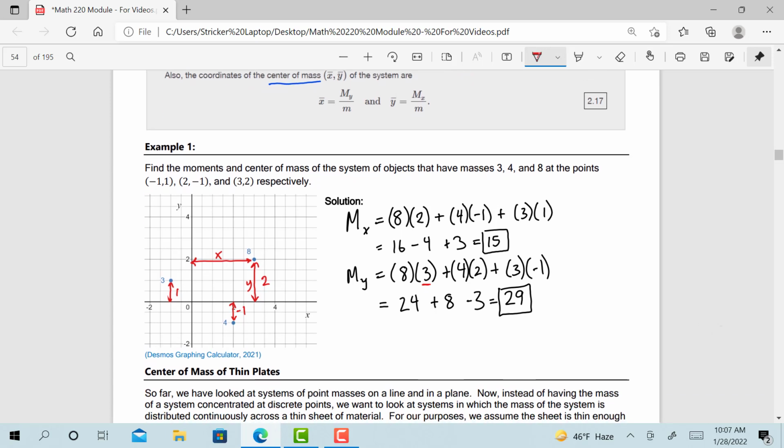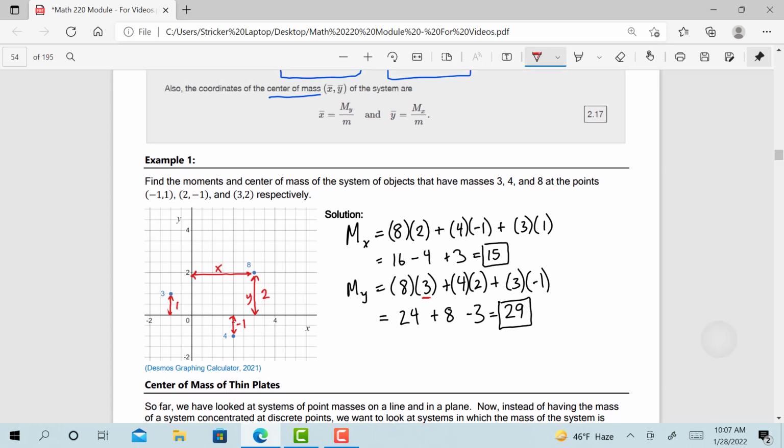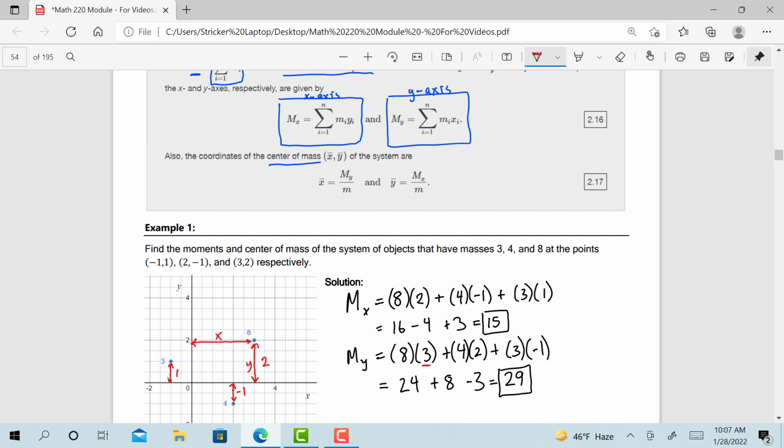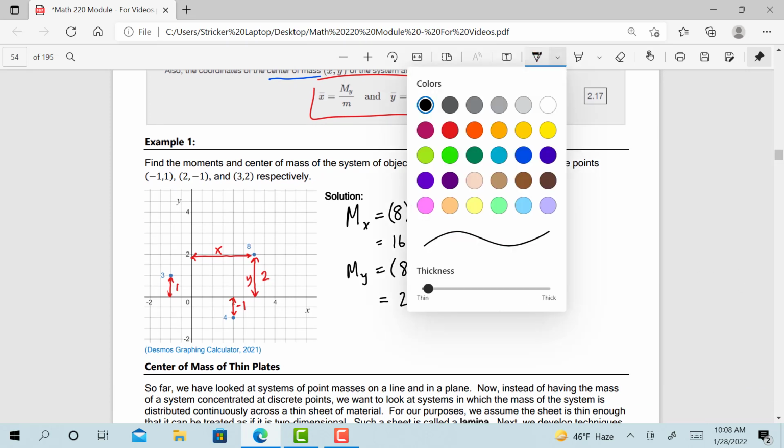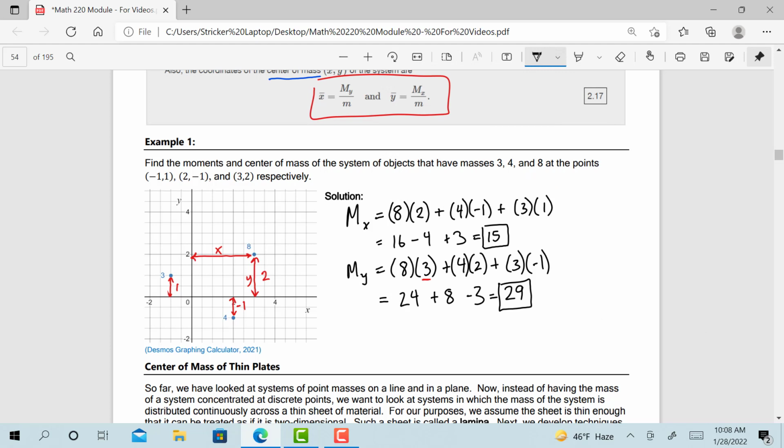All right, so you get 29, and then we're going to apply these equations in 2.17 to find our x bar and our y bar. This is kind of easy to remember because it's always the opposite. So x bar is equal to the moment about the y-axis divided by m.